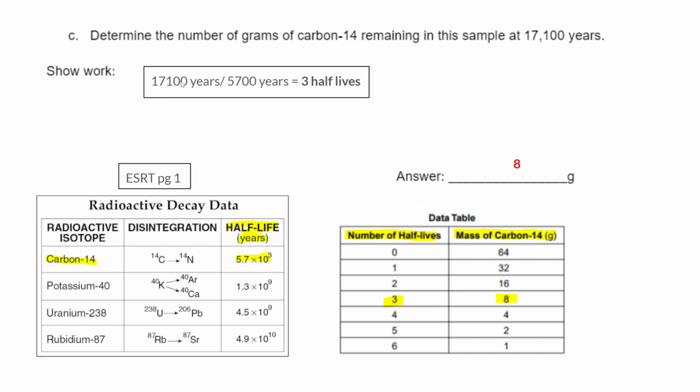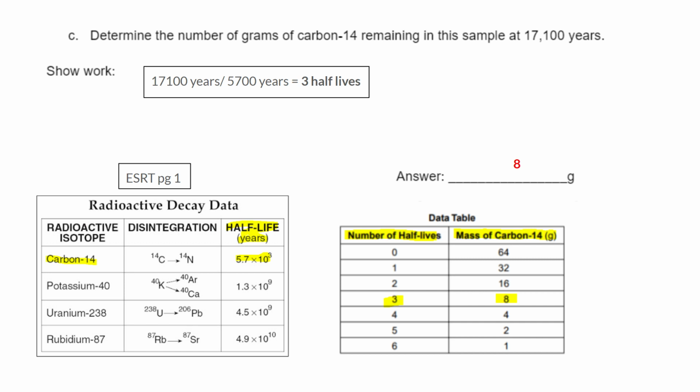So what I did is just divide: 17,100 years divided by 5,700 years gives me 3. So now I know how many half-lives carbon 14 went through, which is 3 half-lives. In 17,100 years, my carbon 14 went through 3 half-lives.